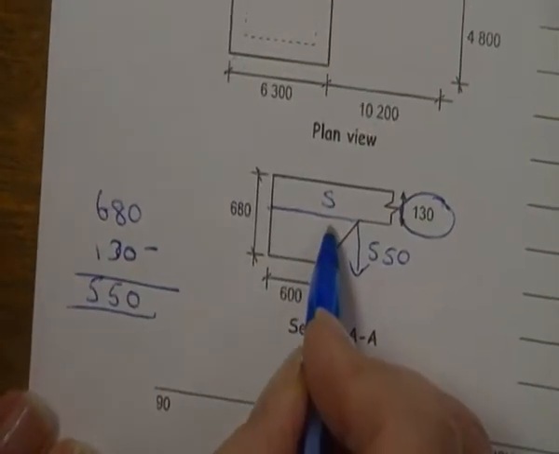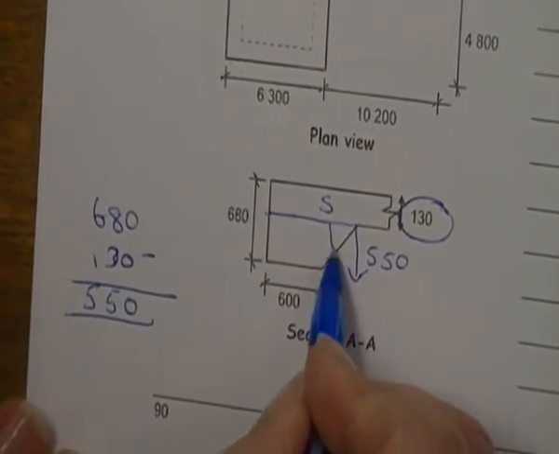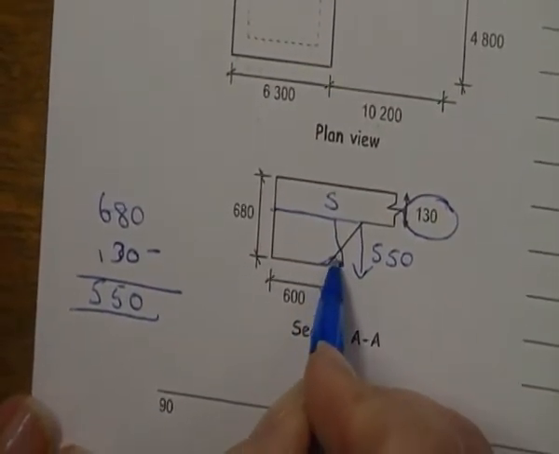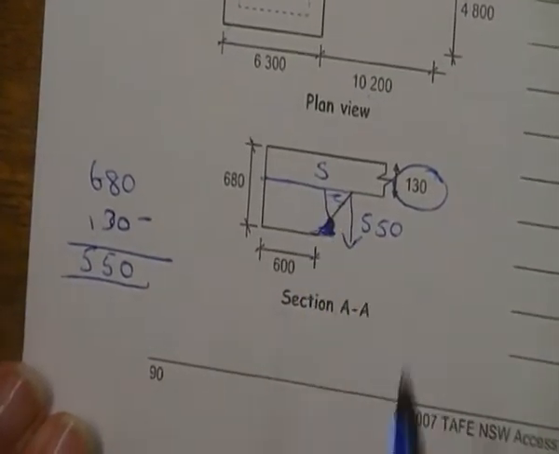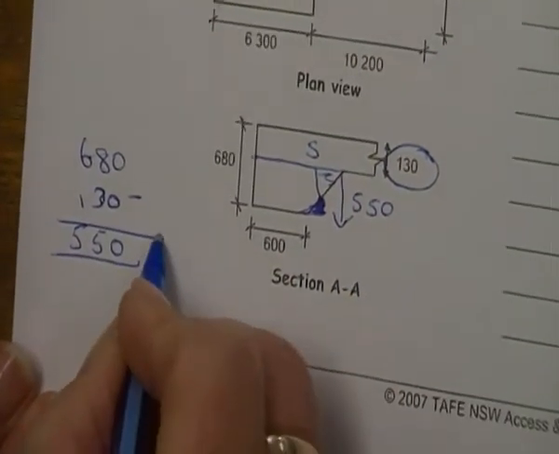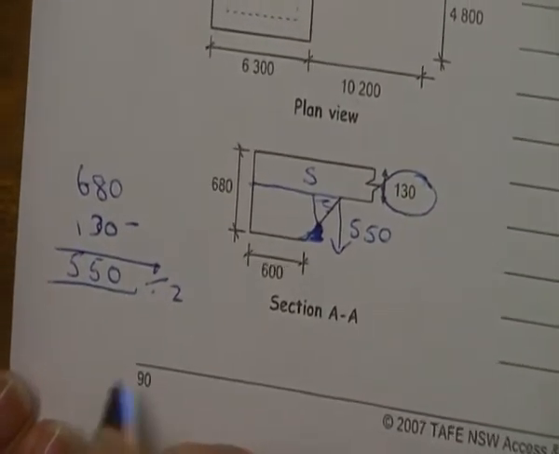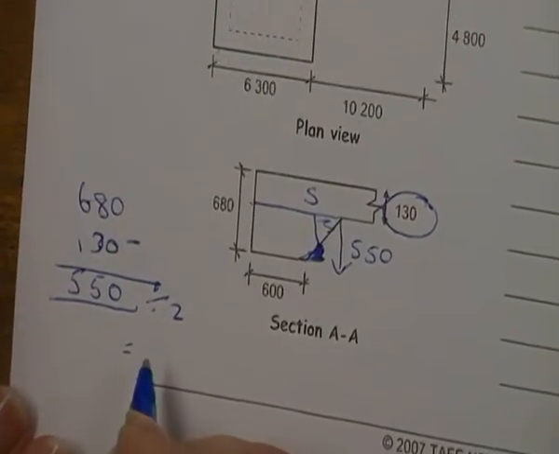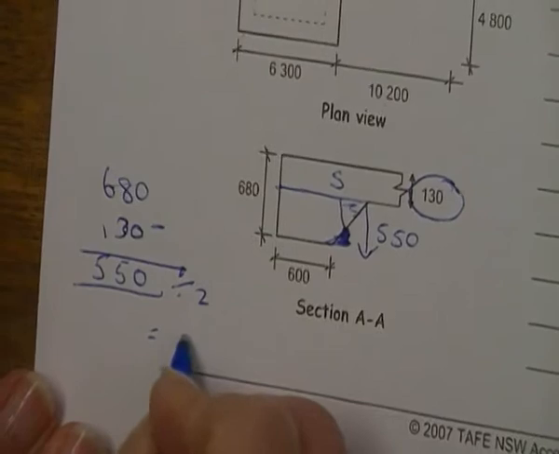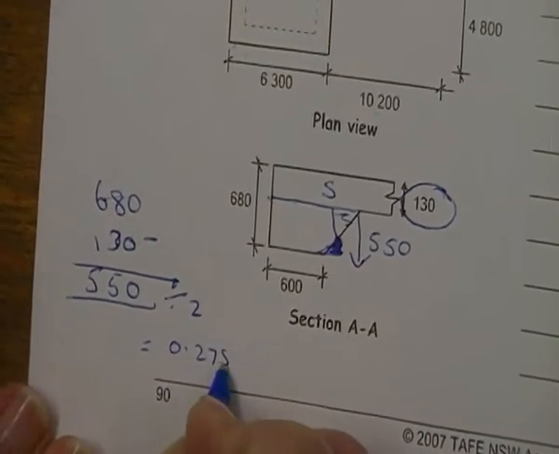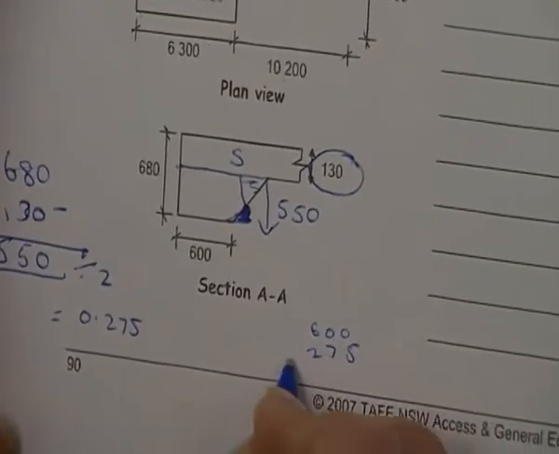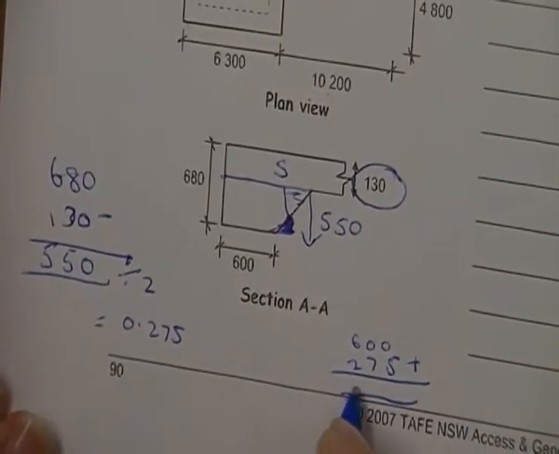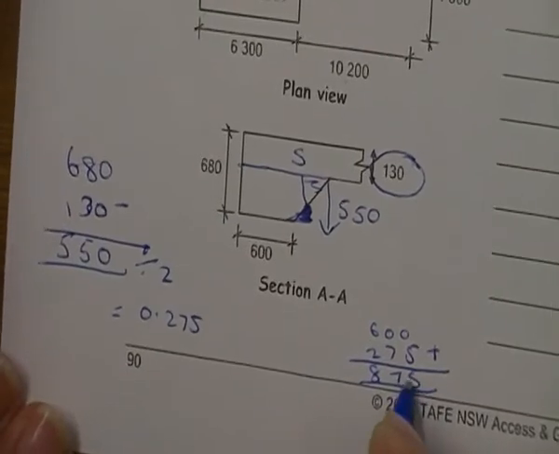The rule is, we're doing half the depth: we halve that, divide it by 2, and add it to the width. If I halve it, I get 0.275. So I'm going to add 600 and 275 together, and it's going to give me 875.